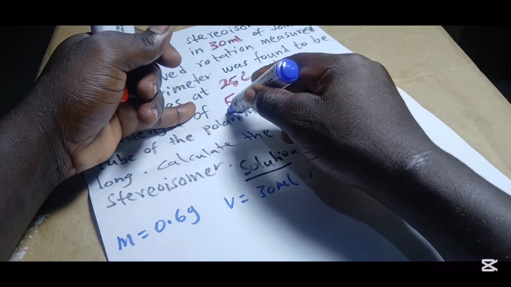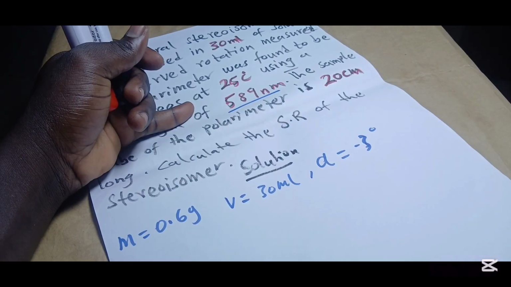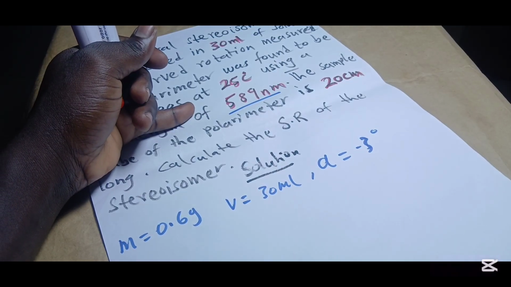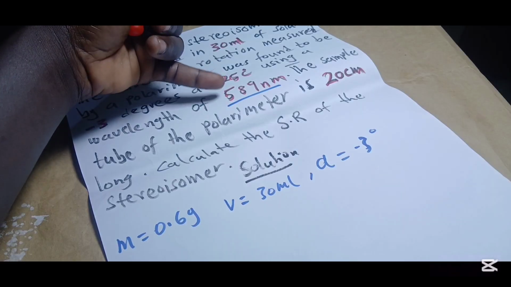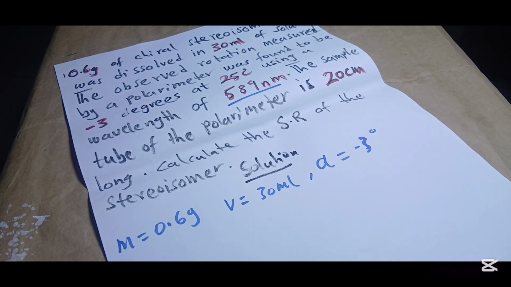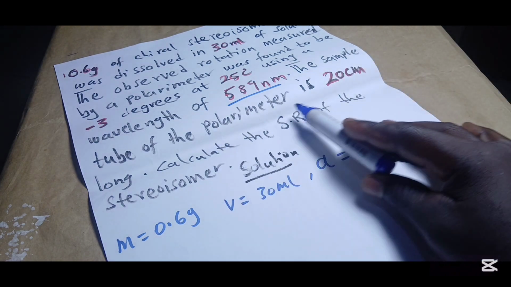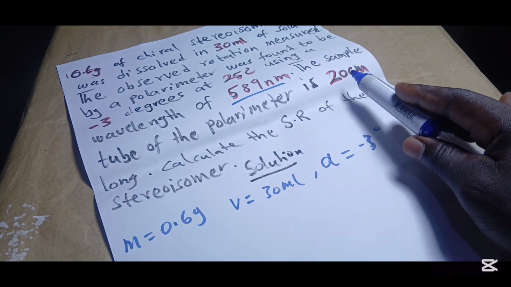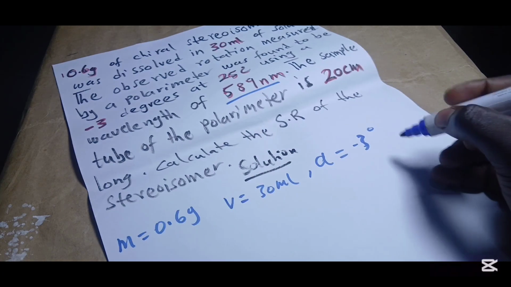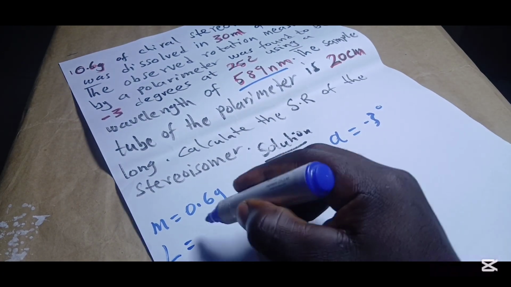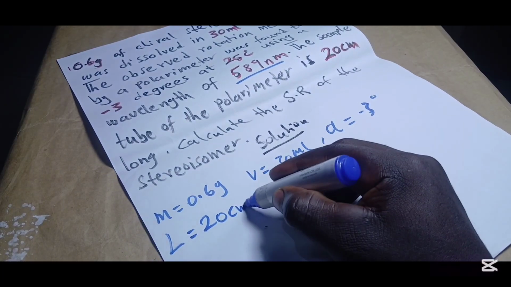This wavelength is the wavelength of the sodium D line. So it is not of use for us, but the condition should be there to guide us, because the wavelength is not included in the formula that we just derived. The sample tube of the polarimeter is 20 centimeters long. So that should be our L, which is 20 centimeters.